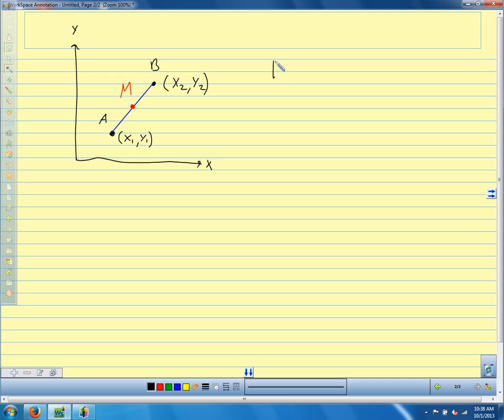So our midpoint between the points x1, y1 and x2, y2, we just do what we did for one midpoint for the x and for the y.